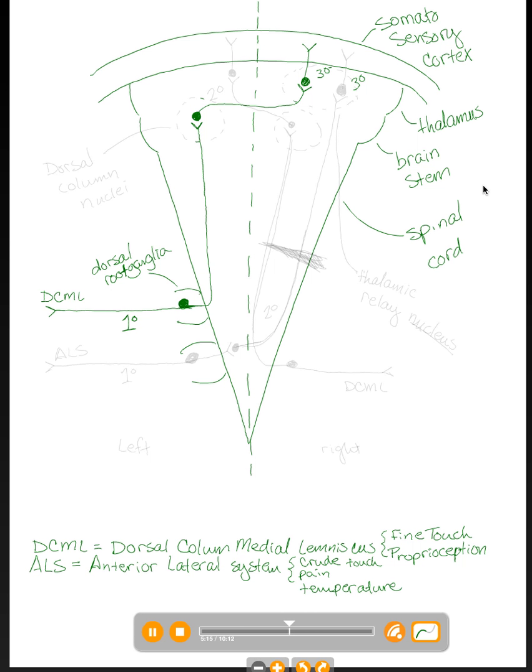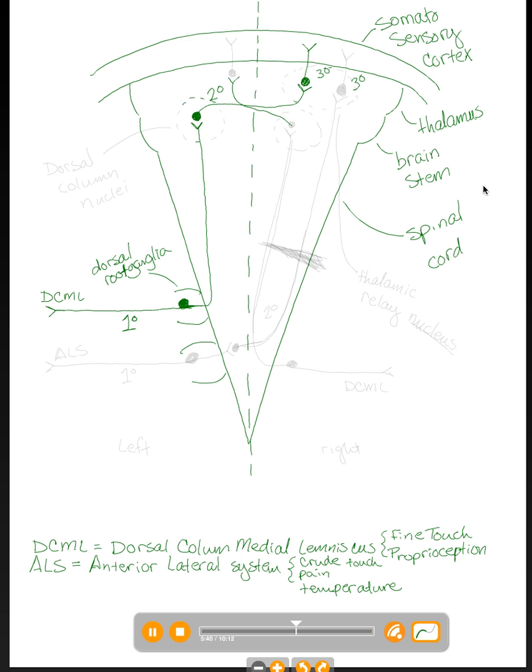Here's the cell body of the secondary neuron. The secondary neuron is going to cross the midline, and you go all the way up here, synapse onto the tertiary neuron, which will then enter the somatosensory cortex.